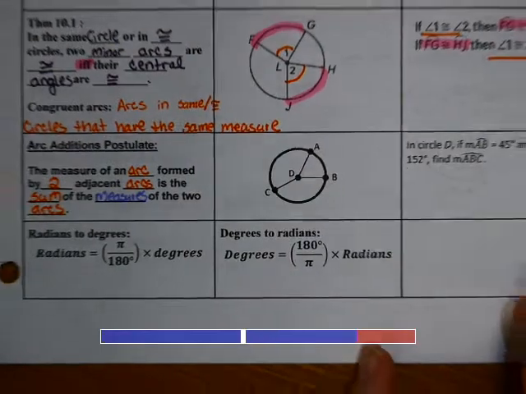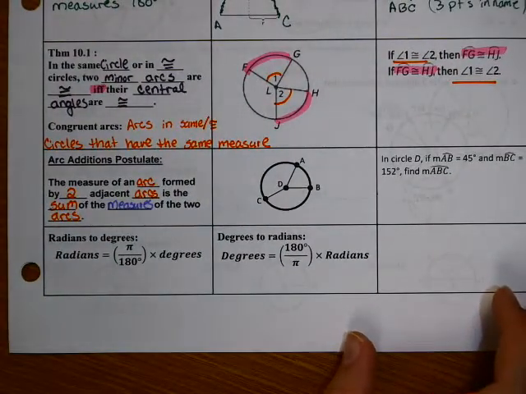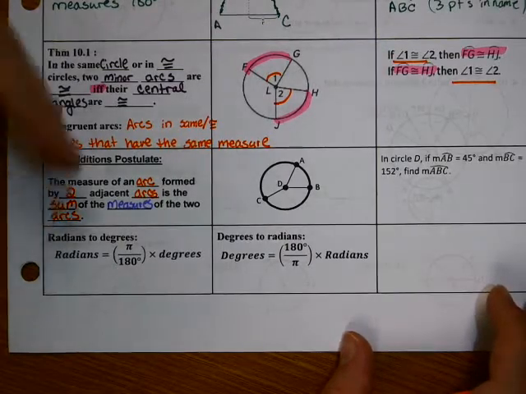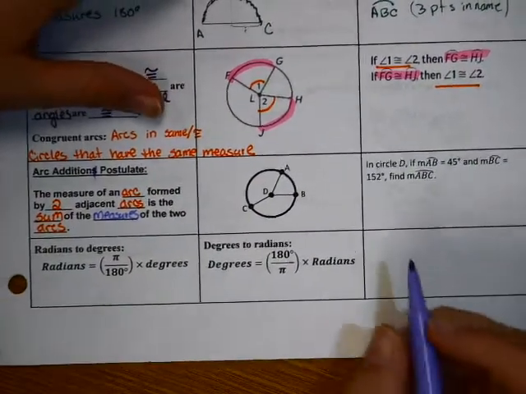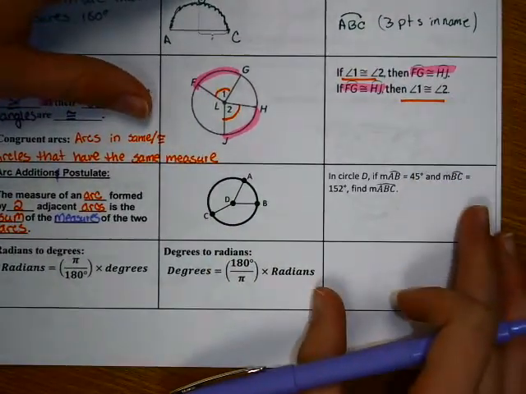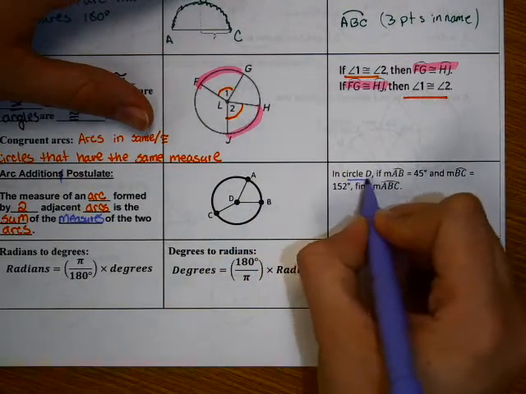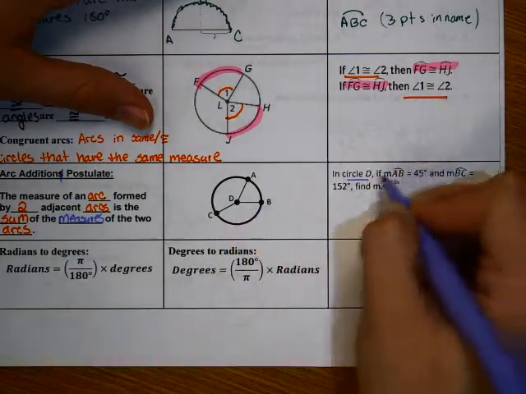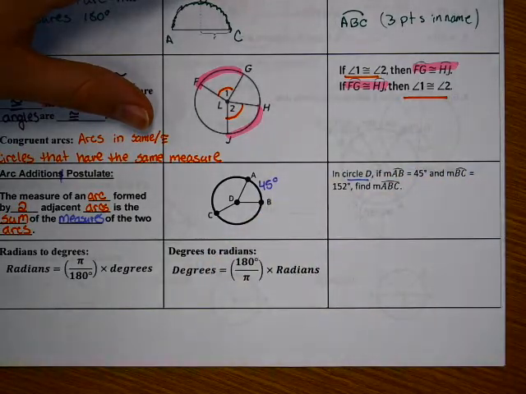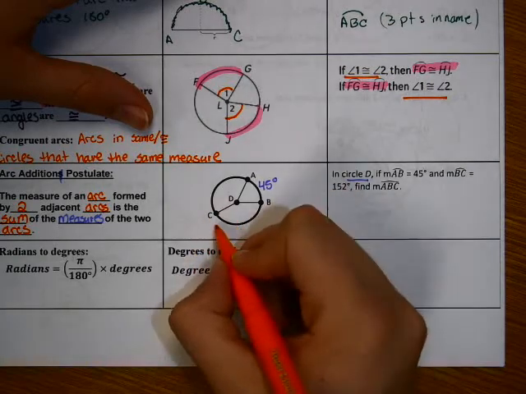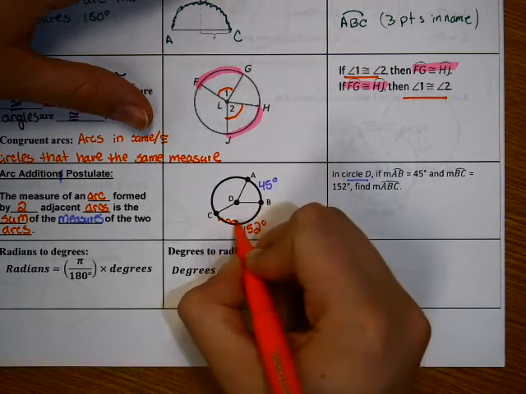So just to refresh, we had the segment addition postulate, we've had the angle addition postulate, now we have the arc addition postulate. There should be notes there. So for example, in circle D, that tells me this is my center, the measure of arc AB is 45 degrees, and the measure of arc BC is 152 degrees.